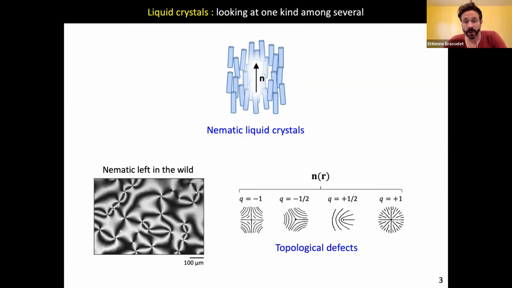And these crosses actually refer, if you analyze them properly, to a topological structuring of the orientation defined by this unit vector called the director. So there is a well-defined spatial orientation around specific points. Those points correspond to the cores of topological defects, around which there is a well-defined structure that you can label with a topological charge, with an integer alpha in the present case of this nematic liquid crystal.